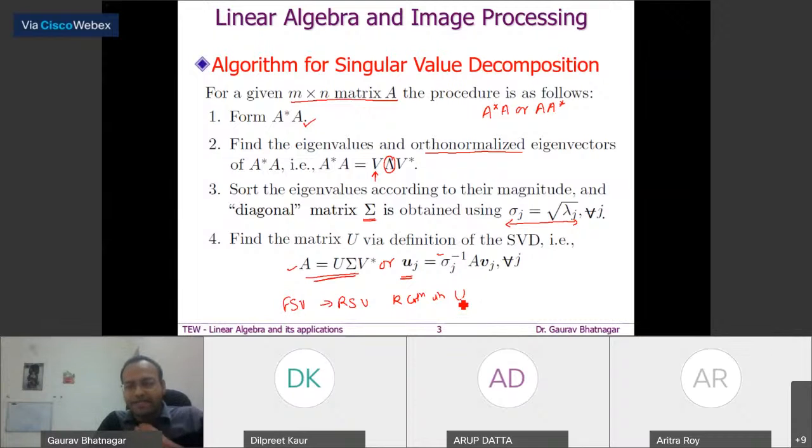So now this is going to be a very hypothetical situation, where I want to convert the reduced SVD into the full SVD.